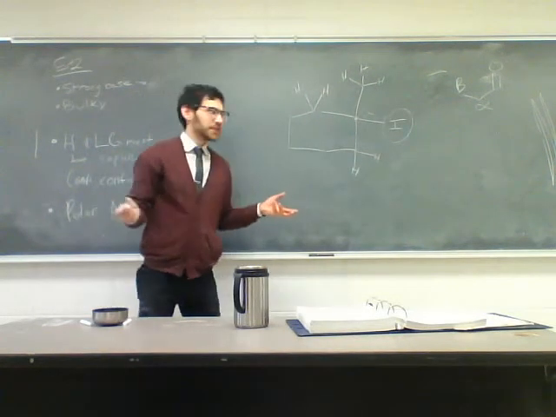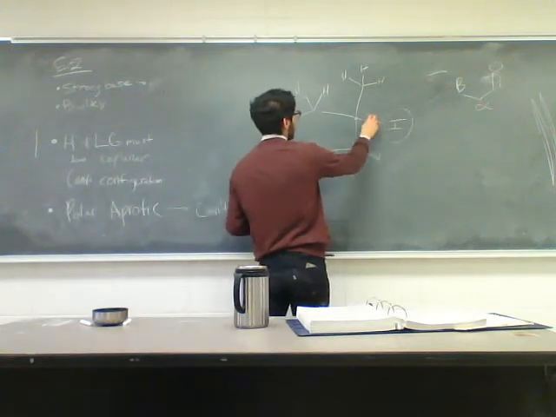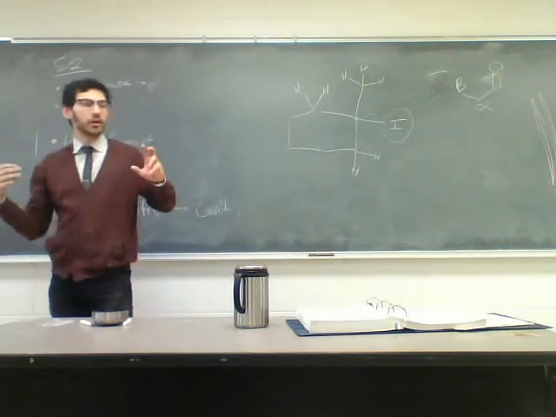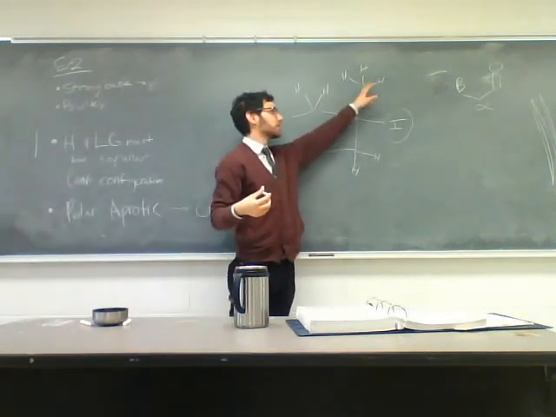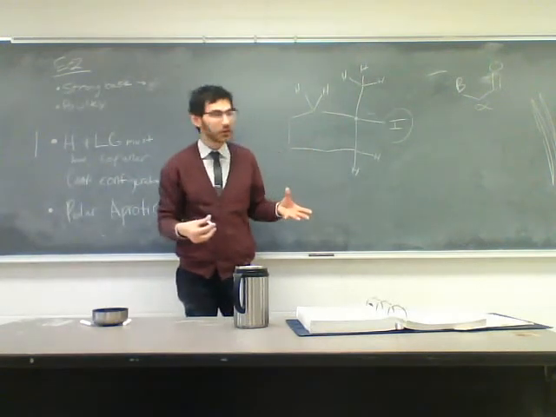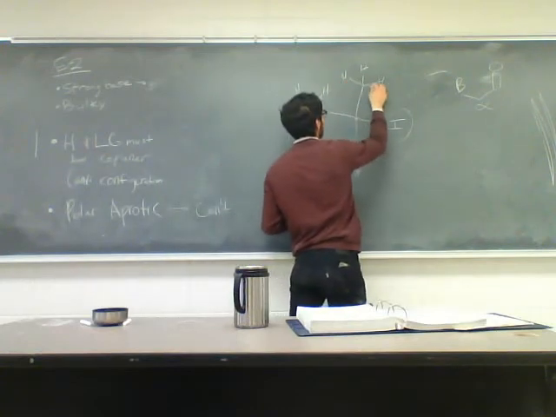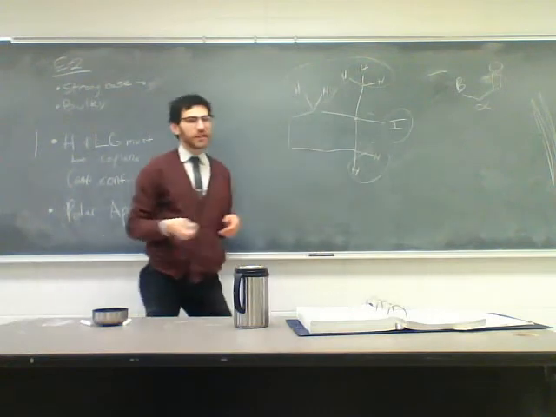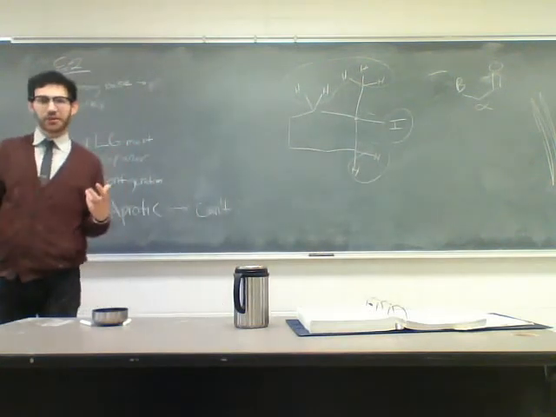So when I say 3 bonds away, I mean here's our leaving group, 1 bond, 2 bonds, 3 bonds, there's a hydrogen. 1 bond, 2 bonds, 3 bonds, hydrogen. All of these could potentially get snatched up in an elimination reaction.